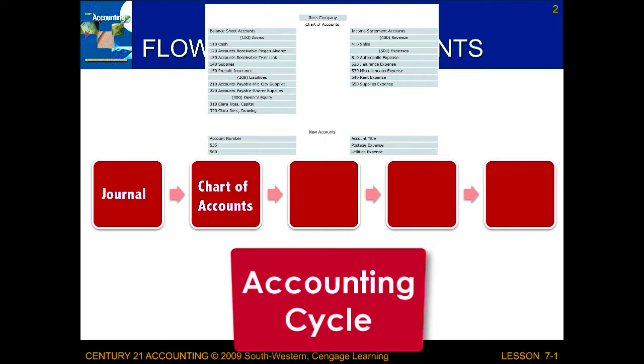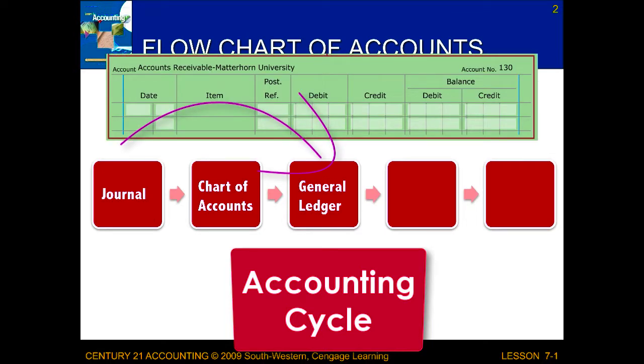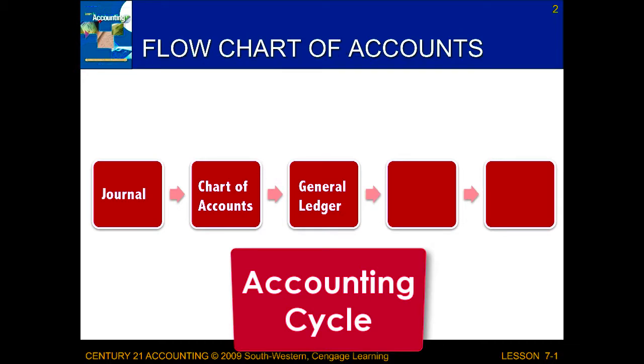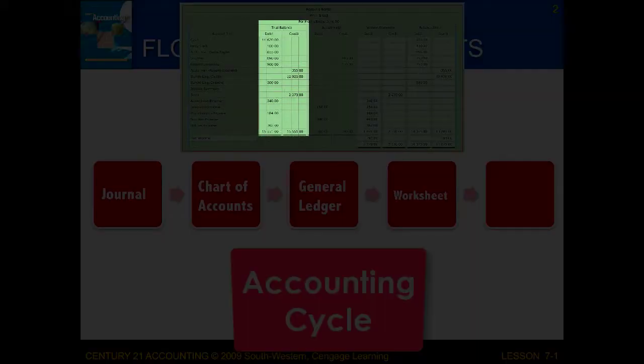Once we had the chart of accounts where we had all of our account numbers and our account titles, we could start taking the information that was put in our journal and posting that to the individual general ledgers for each account. From the general ledger, we took the balances and we created the worksheet, again listing all of our accounts, their balances first in the trial balance column.